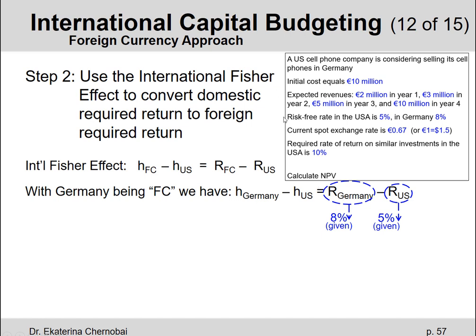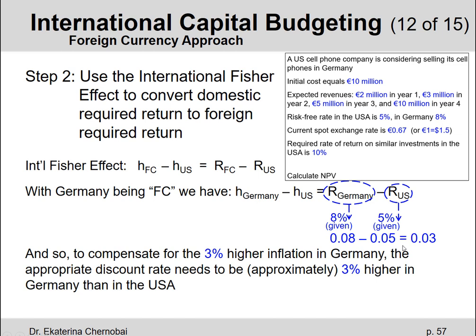R Germany is the risk-free rate in Germany, that's 8%. R US is the risk-free rate in the USA, that's 5%. Both numbers are given in our problem. So the difference between 8% and 5% is 3%, which means 3% should also be the difference between the inflation rates, the two h's, right? h Germany minus h USA.